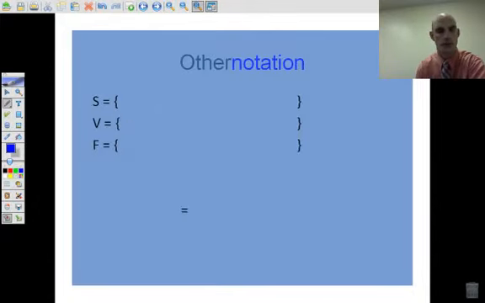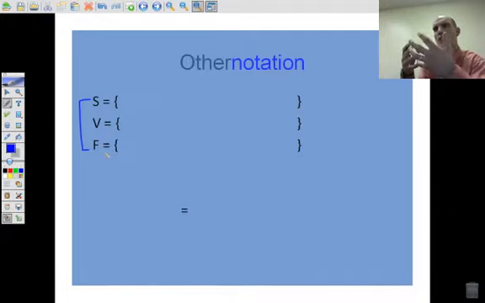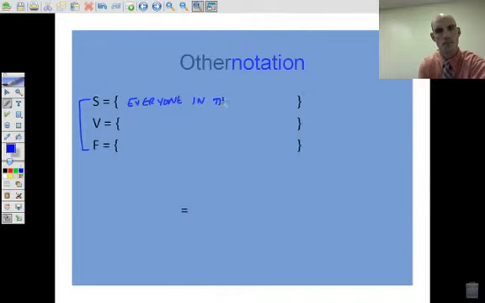Let's talk about another way to write this. If I divide my subsets up so that they represent various populations of this bigger sample set, S would be everyone in the test, V would be those vaccinated, and F would be those with the flu.